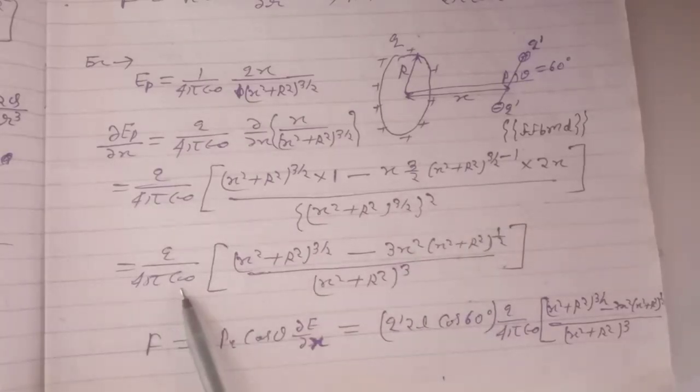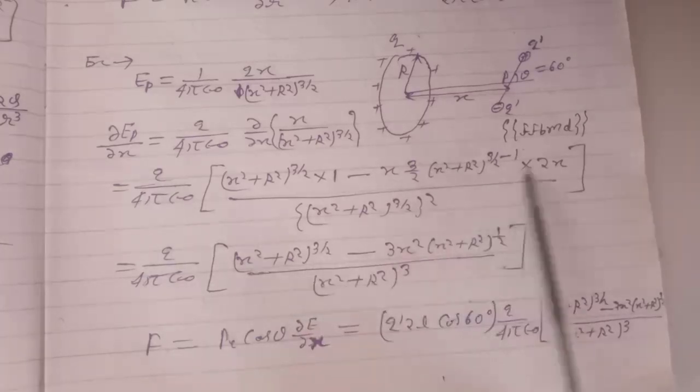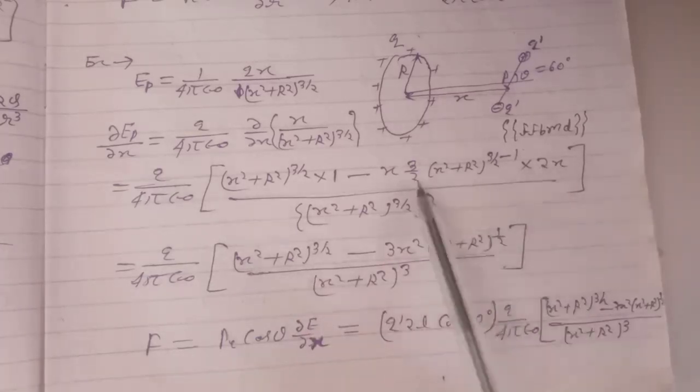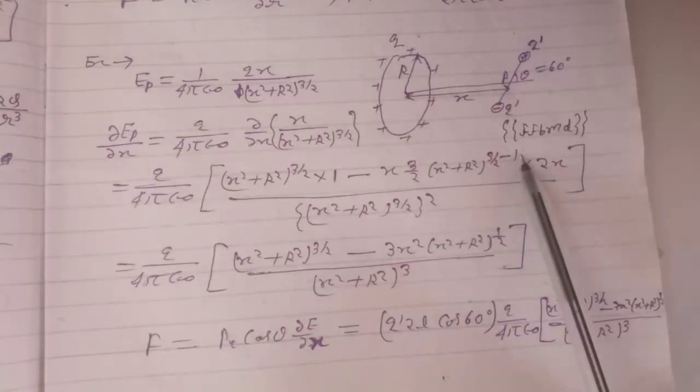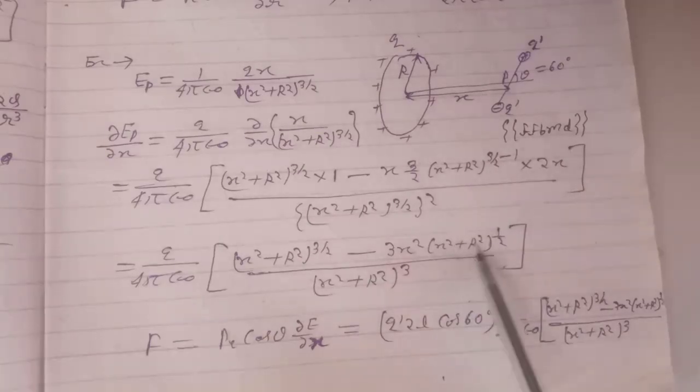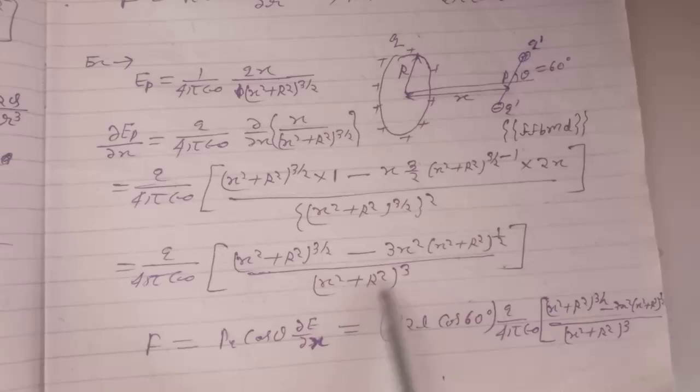The 2 cancels, giving minus 3x square, and 3 by 2 minus 1 equals 1 by 2. So (x square plus r square) to the power 1 by 2 divided by (x square plus r square) to the power 3 by 2.